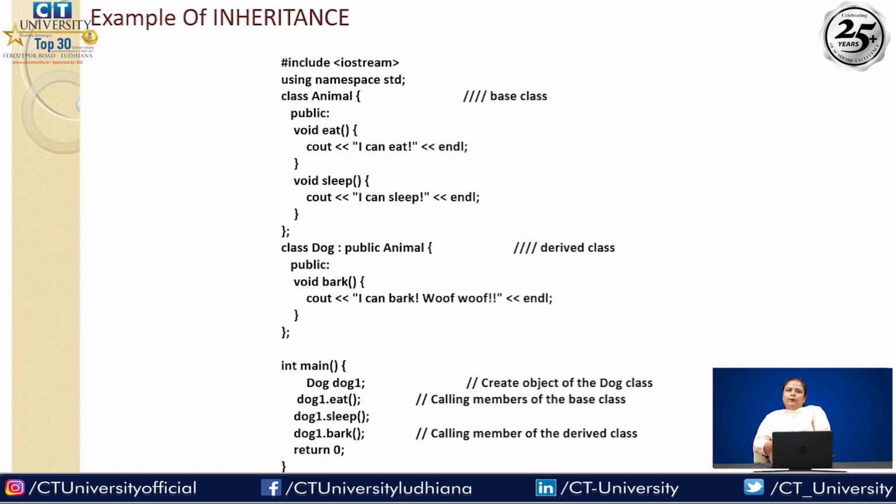With the help of a derived class we can easily access the functions of any base class. Like in the human example, we can easily use our parents' features, mother's side, father's side. This is a real time example of inheritance.